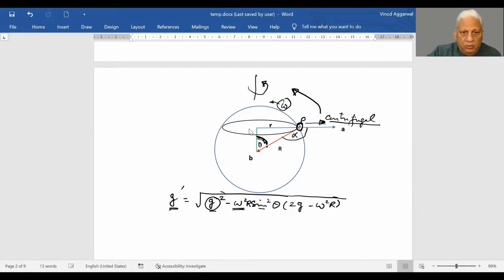So the apparent gravitational pull is given by this formula, which says that it depends on our theta, the angle which it makes with the vertical, and omega. Omega we can consider to be constant. So theta is the only variable, which means we have some special cases, let's see.